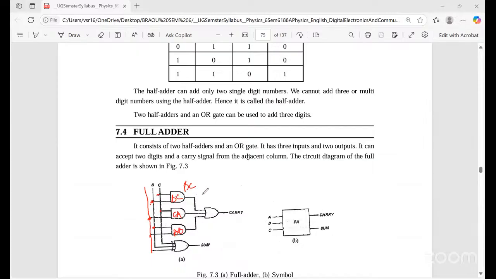By adding AB plus BC plus CA, we get the carry. Okay, so A XOR B, the output is the A XOR B value.